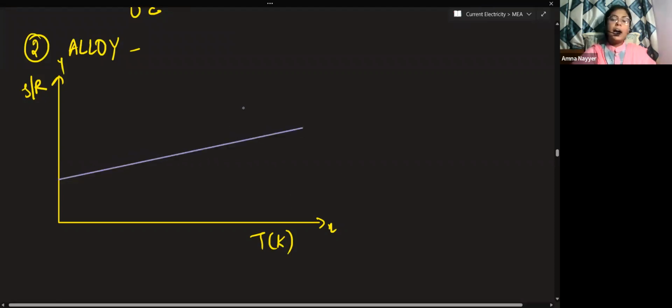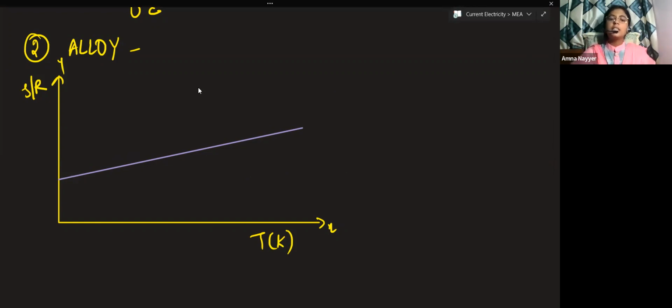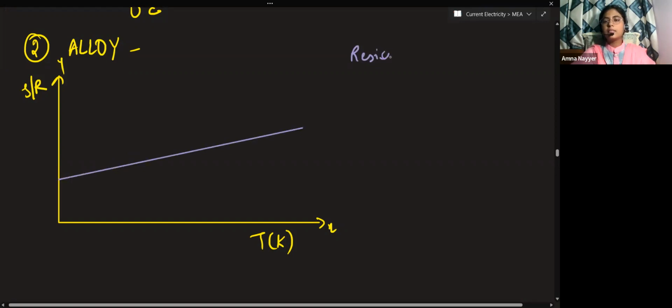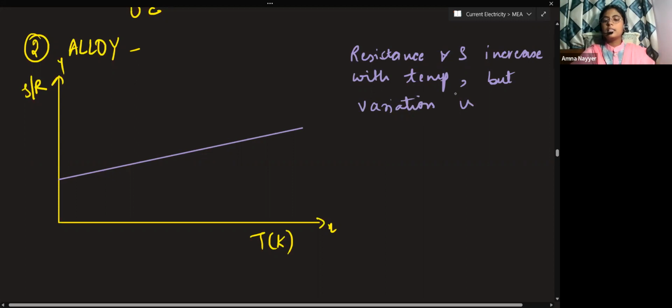Had it not been changing with temperature, it would have been constant, but you can see it is slightly inclined. So this shows that resistance and resistivity both increase with temperature, but the variation is small, very slight changes, not a significant change.